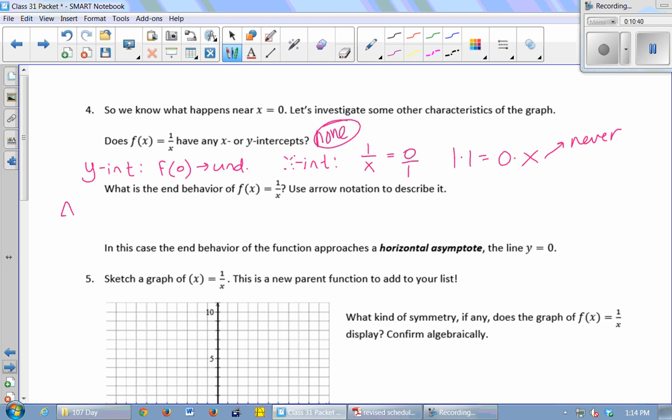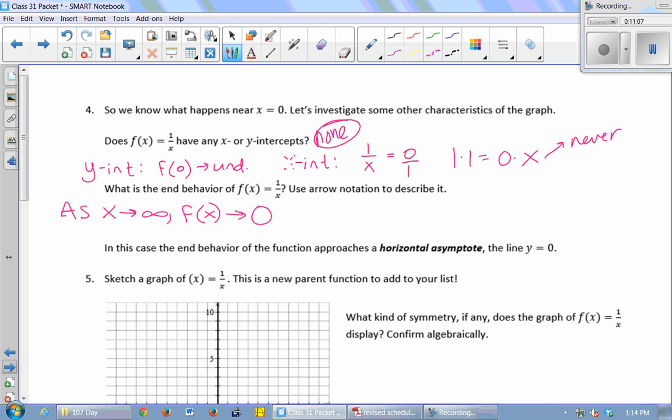So I could say, as x approaches infinity, f of x approaches what? 0. Yep. It gets teeny, teeny, but it never gets negative, right? No matter what I plug in for x, this value of 1 over x will just be closer to 0.